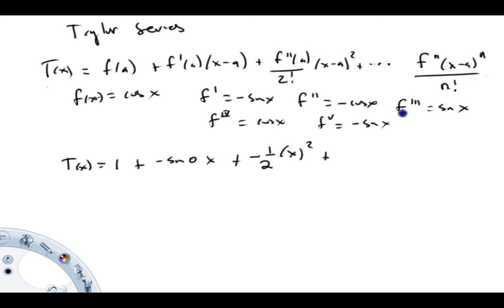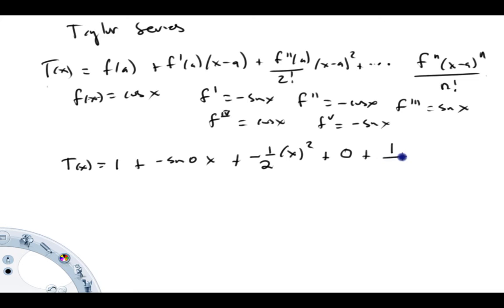plus, f triple prime. Now the sine of 0 is 0. I'm just going to put a 0 here to shorten this up so I have some more room. Plus the f fourth derivative term. Cosine of 0 is 1.